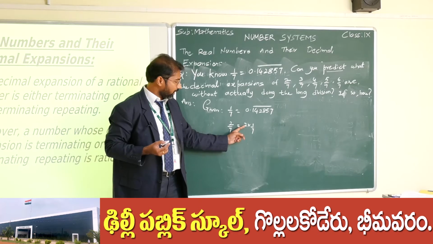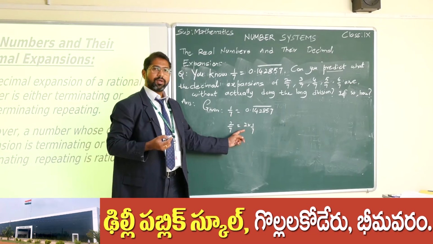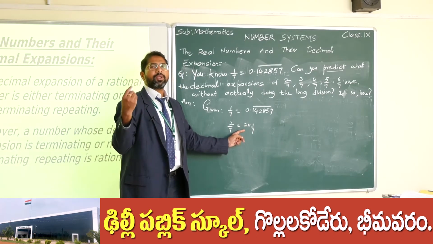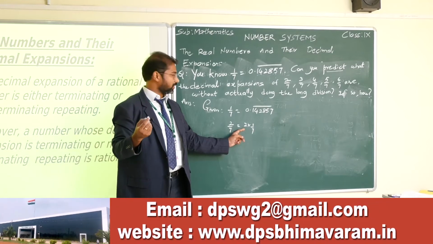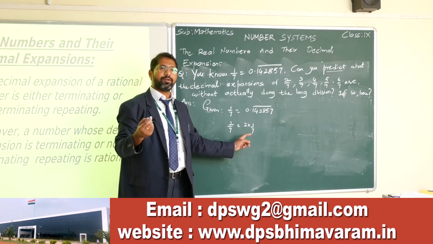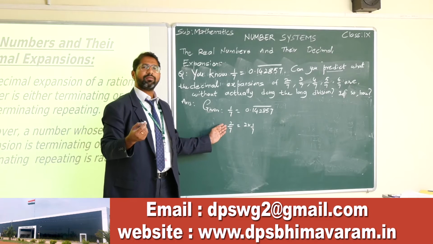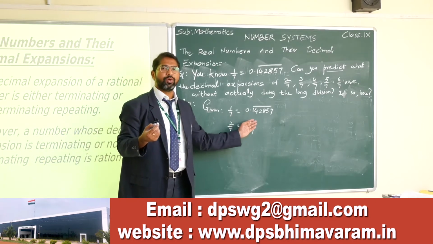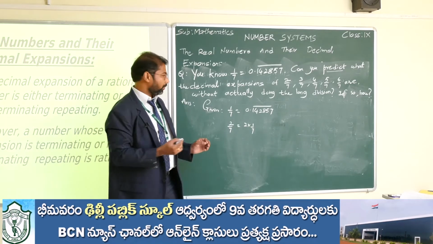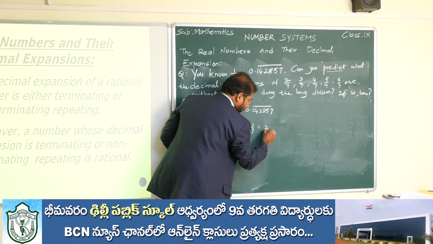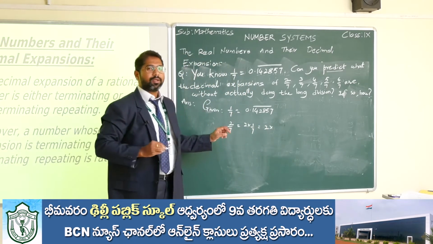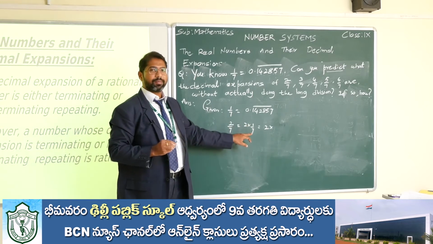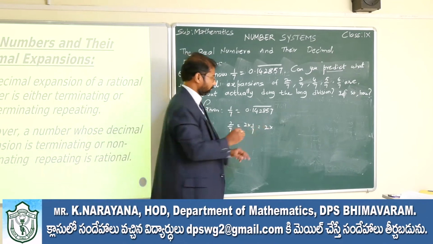I can write this 2 as 2 by 1. So, you know the rule for multiplication of fractions: multiply numerators separately and denominators separately, you will get the same value. So, you can write 2 by 7 as 2 into 1 by 7. Now, in the next step, write the decimal expansion of 1 by 7, which you can see here.